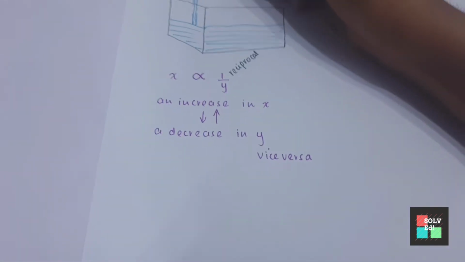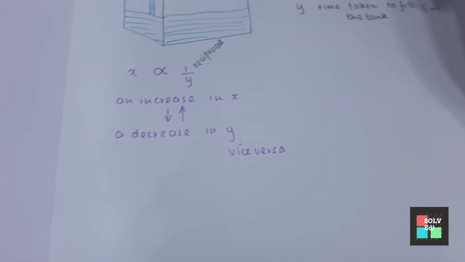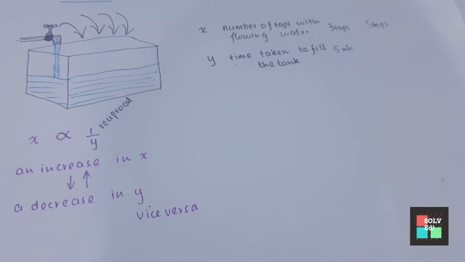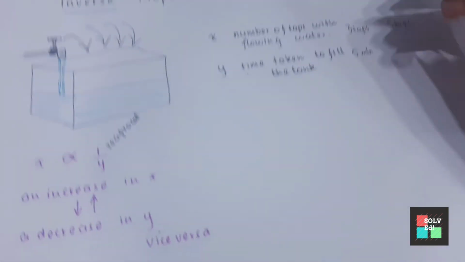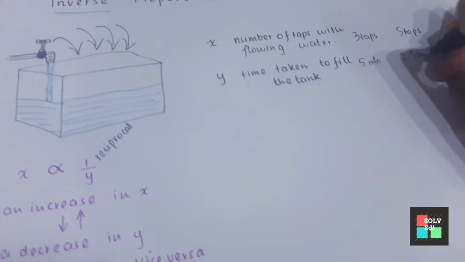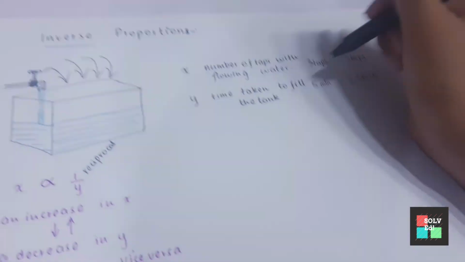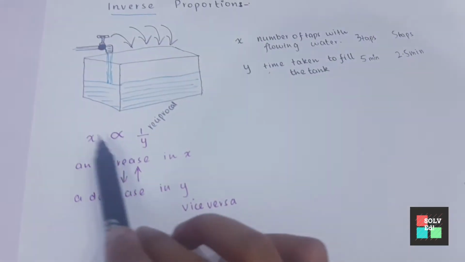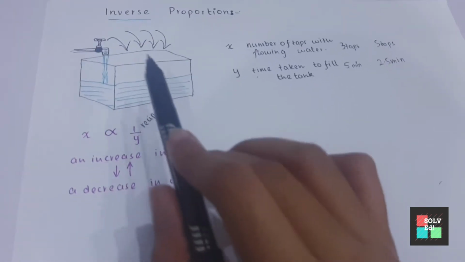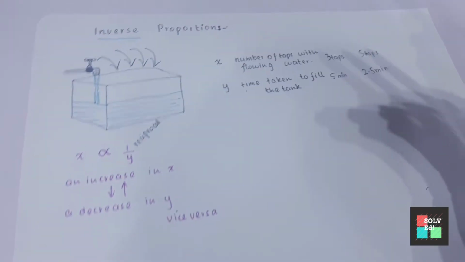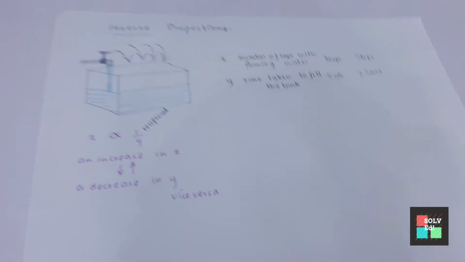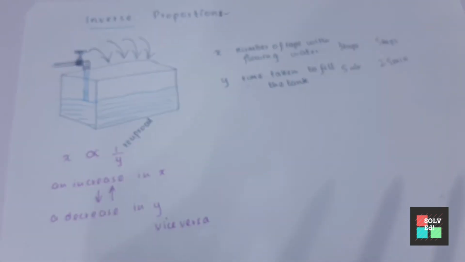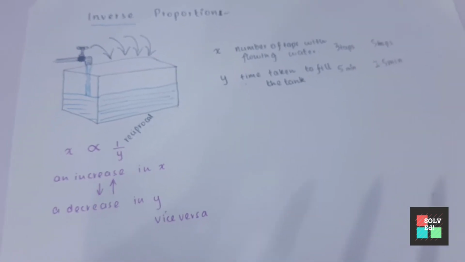If I increase the number of taps, say 5, maybe it's possible that the time decreases, say 3 minutes now, or 2.5 minutes now. So when x is increasing, y is decreasing. So we say x is directly proportional to the reciprocal of y, the opposite of direct proportion. Now that you know what a reciprocal is, we can actually move on to the questions.